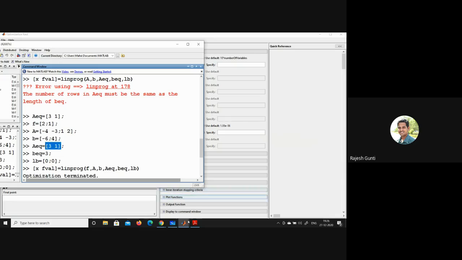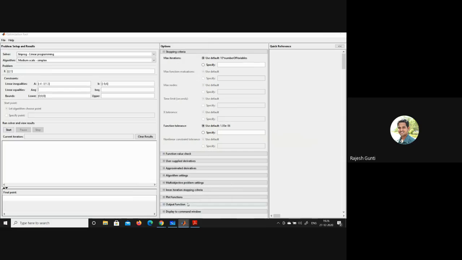Start. Anything is correct. First x1 is 0.6, x2 is 1.2. The corresponding solution is 2.4.